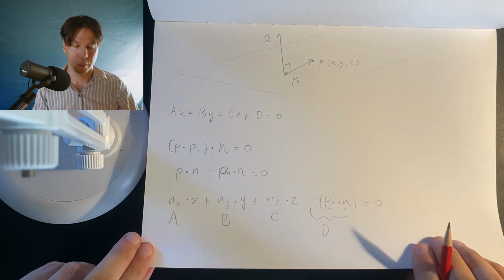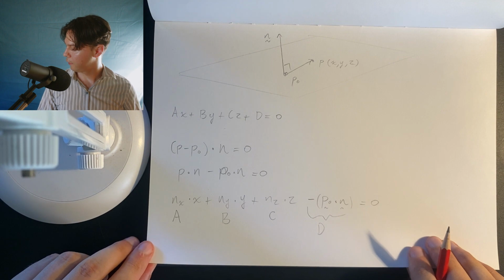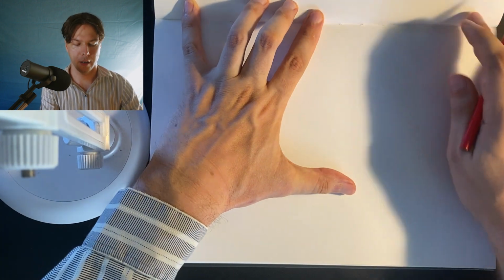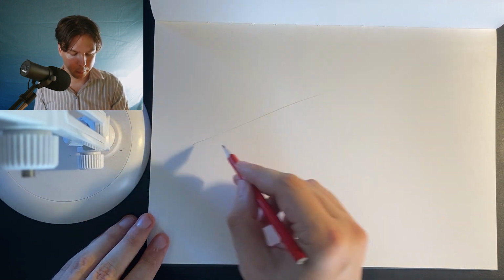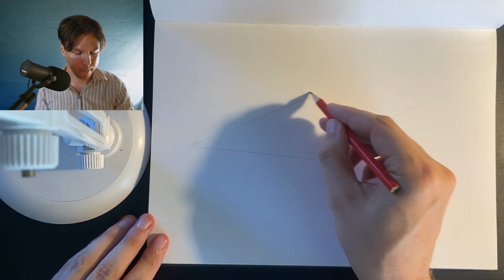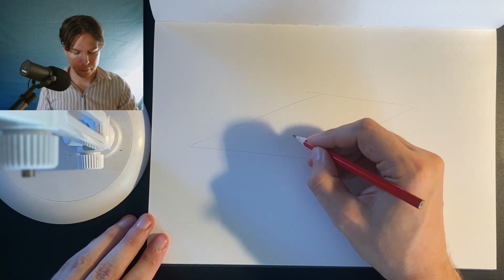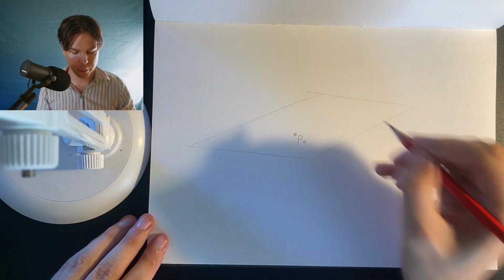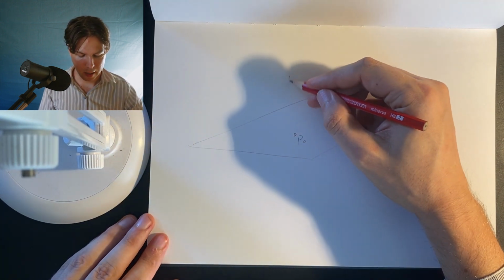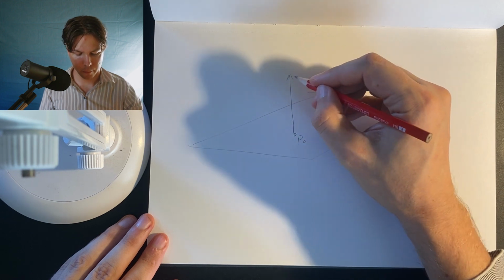Okay, so all well and good. The next thing I need to know is, when is a point in front or behind of a plane? So imagine we have some plane and we have the initial point which was used to define the plane and the normal vector.